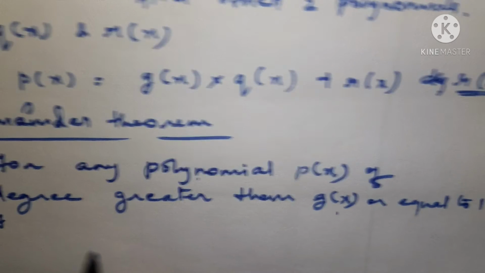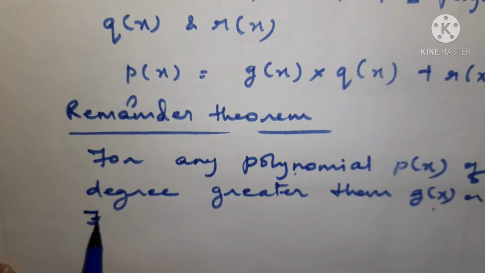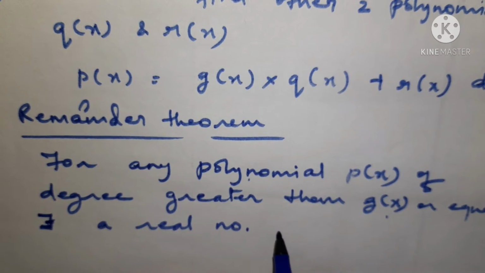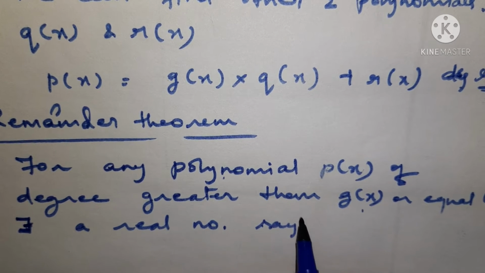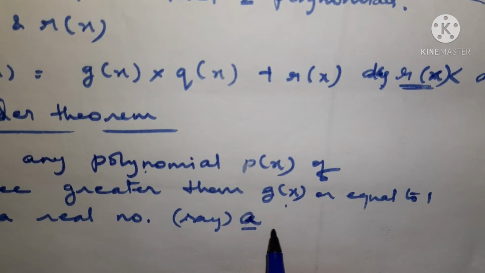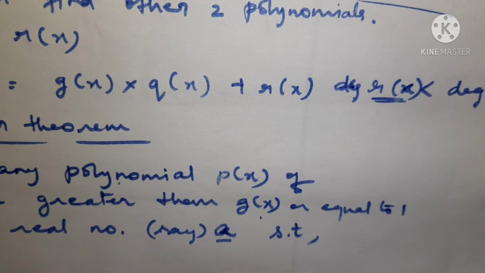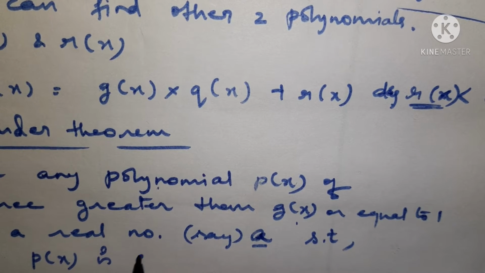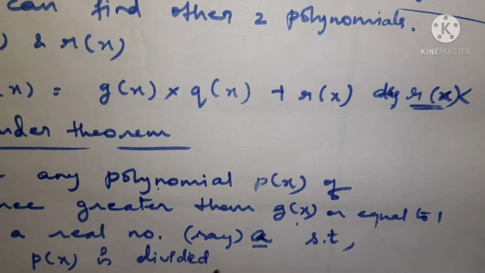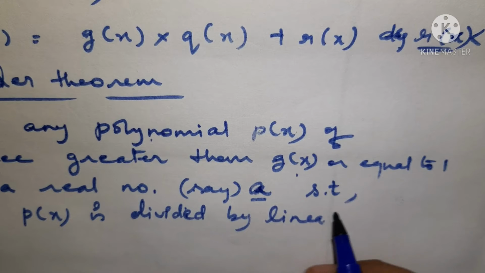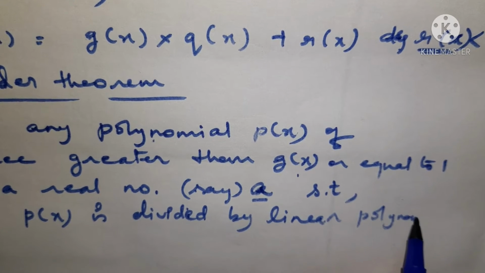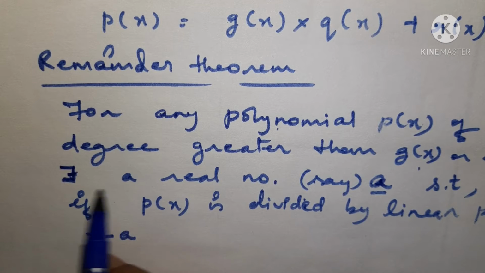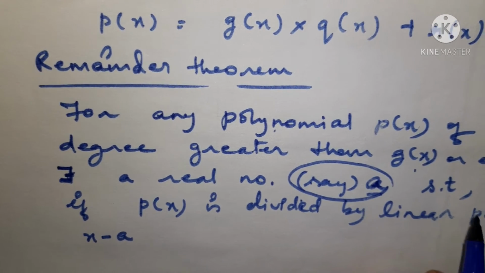In such case there exists, this is the symbol of there exist, a real number, say a, such that if px is divided by linear polynomial x minus a.